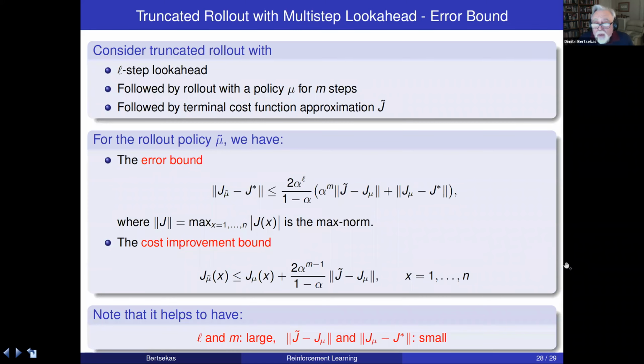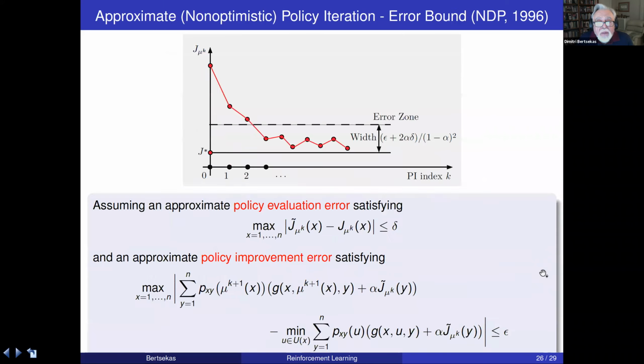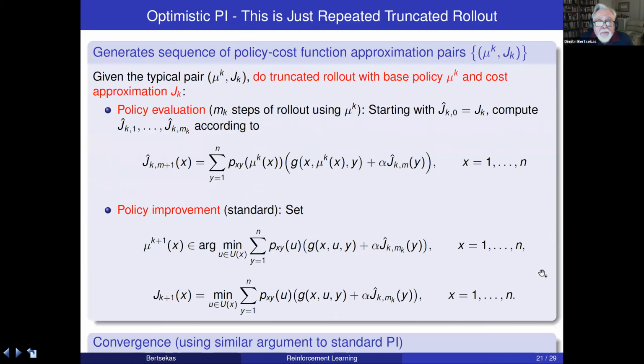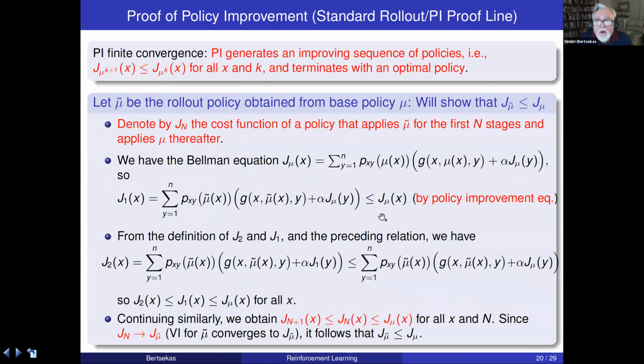And also the line of proof that I gave earlier for policy iteration, this line of proof comes up again and again in various convergence proofs of policy iteration variants, and also in various bounds for variants of policy iteration or rollout.